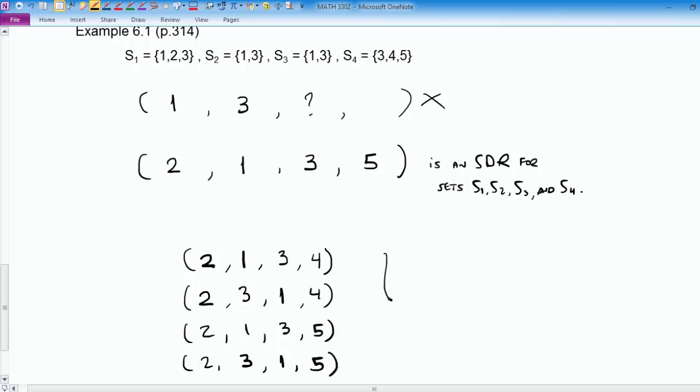Those are the SDRs available. These are the only SDRs for S1, S2, S3, and S4.